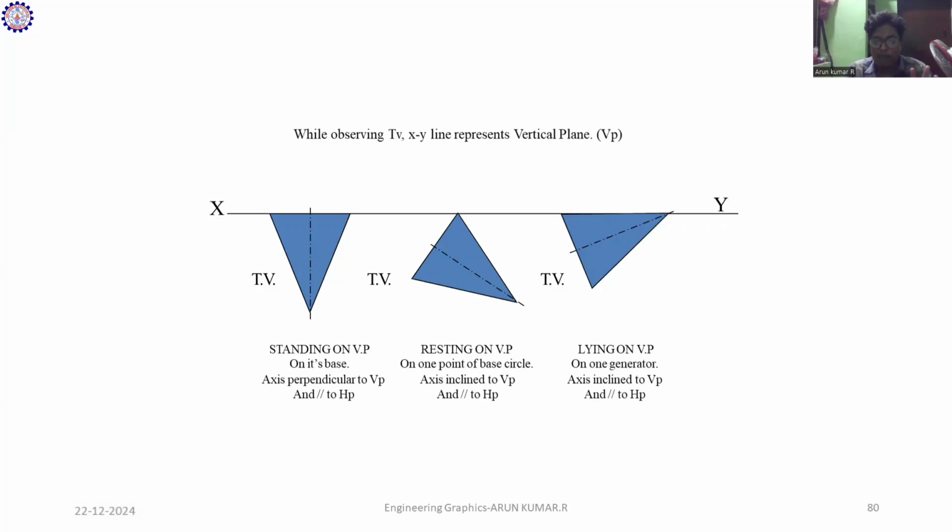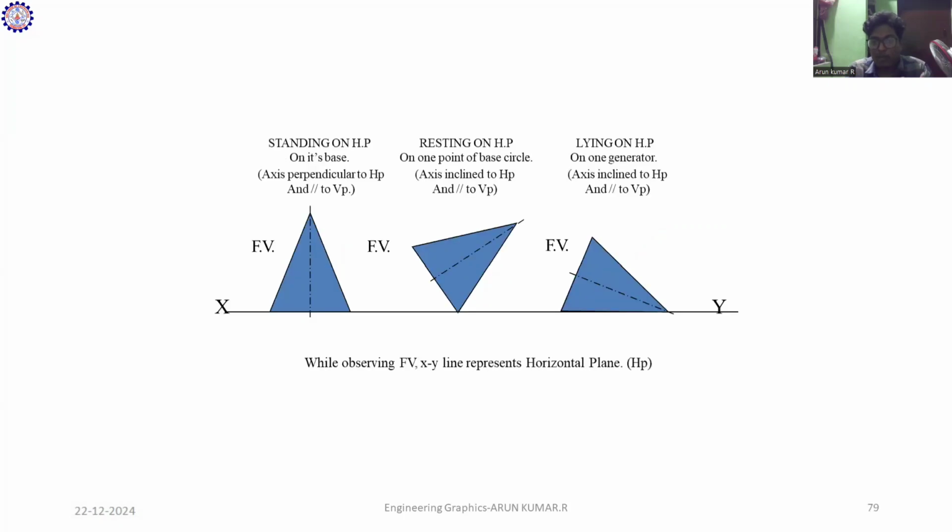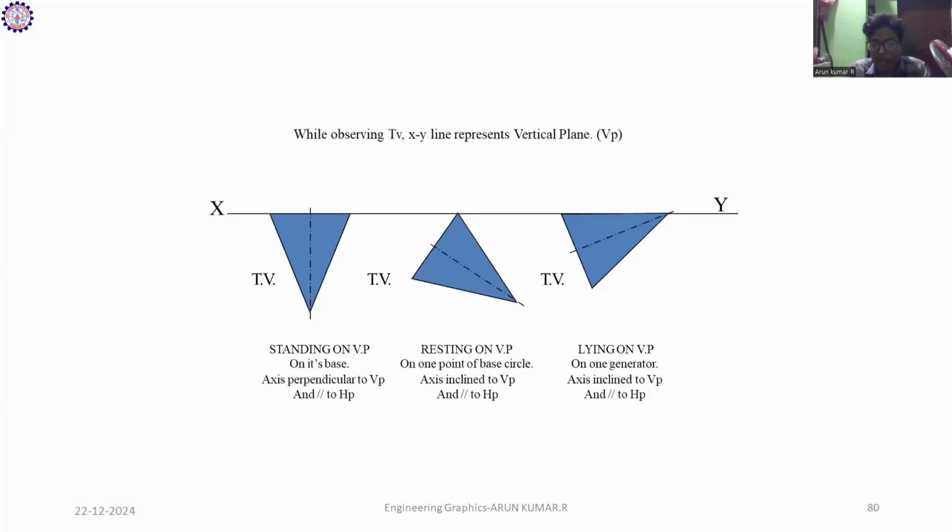After that, you consider the axis inclined to VP and parallel to HP. In the previous slide we showed the axis inclined to HP and parallel to VP. That is the difference. Here the axis is inclined to VP and parallel to HP. Let us move to the last topic, lying on VP.